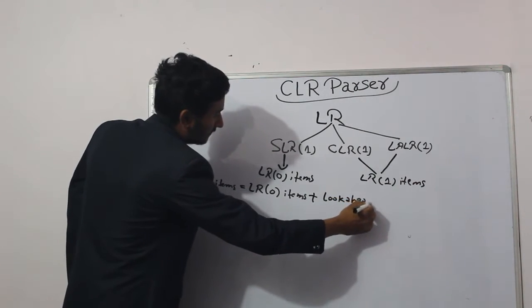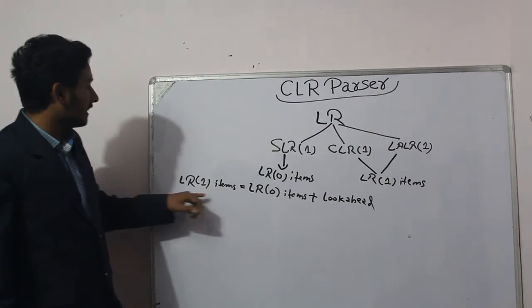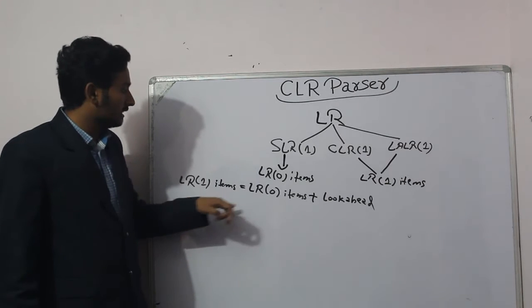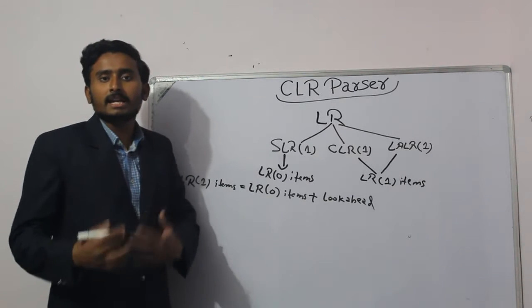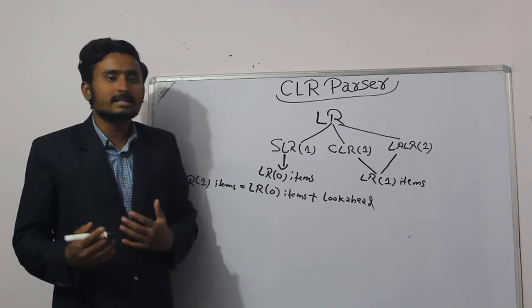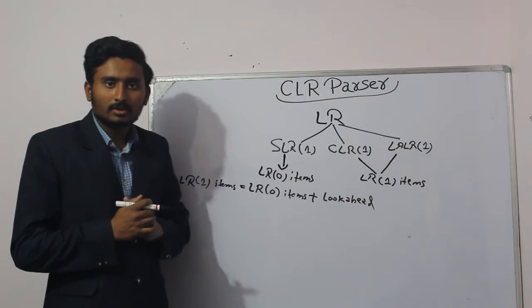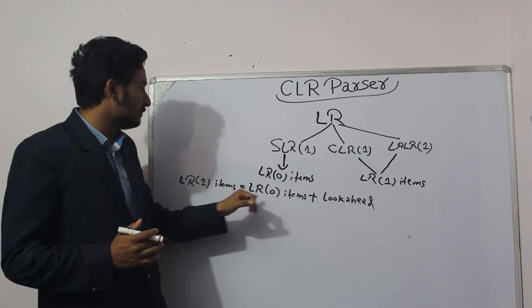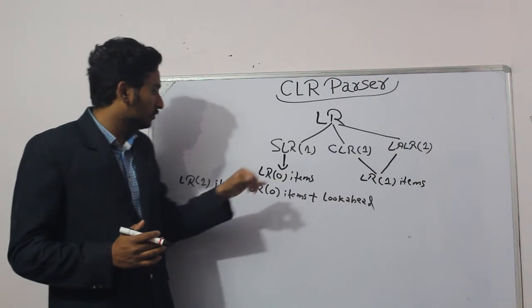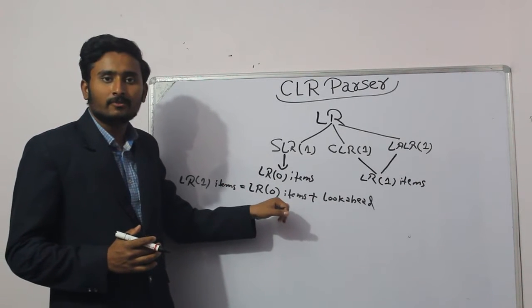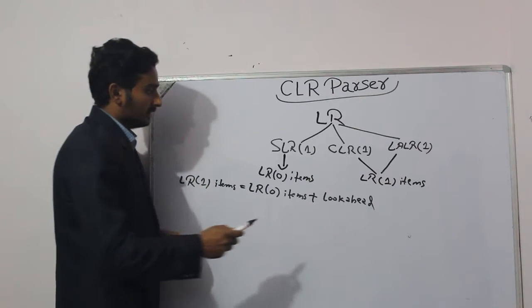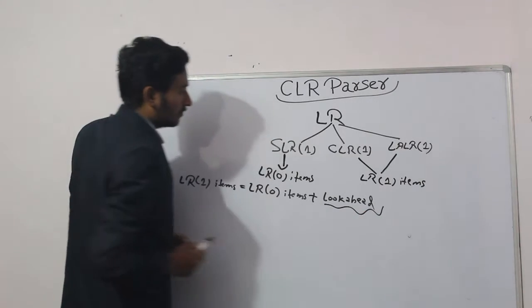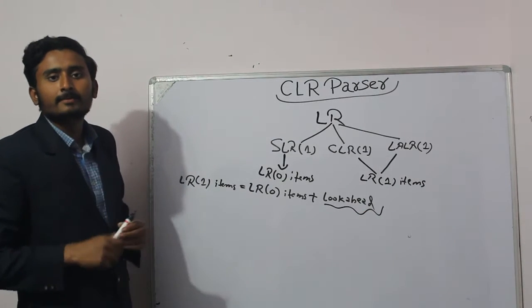We already know how to calculate the LR(0) items, as we discussed in SLR(1). So we have to add a look ahead to the LR(0) items we already formed. Now our main concern is this look ahead. What is look ahead? This is a very important point.